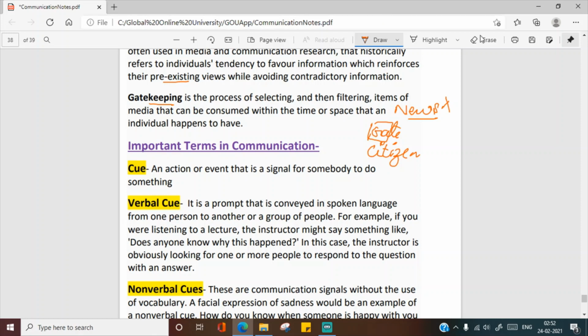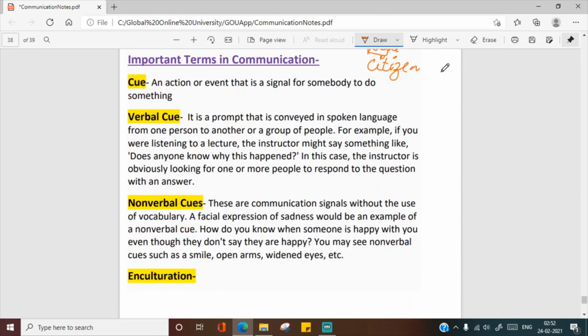Here also I'll tell you some more important terms in communication. First is cue. What is a cue? So, cue is an action or event that is a signal for somebody to do something. Okay? Any action or signal that tells someone to do something. It could be verbal cue.